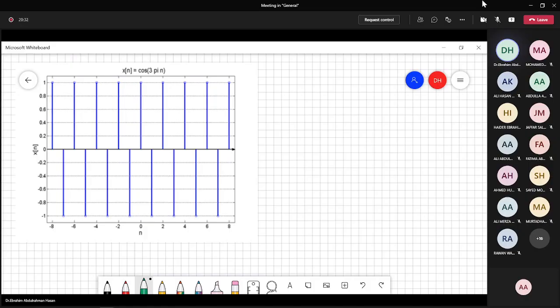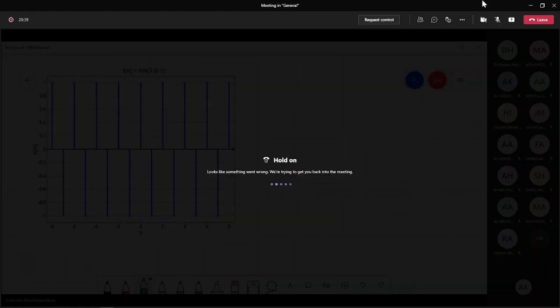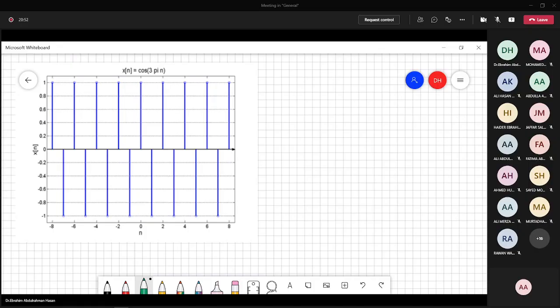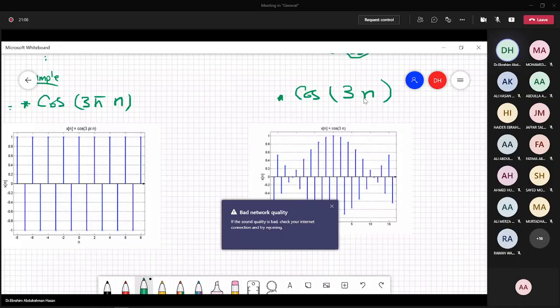What's above? So -2, -1, 0, 1, 2, 3 and so on.